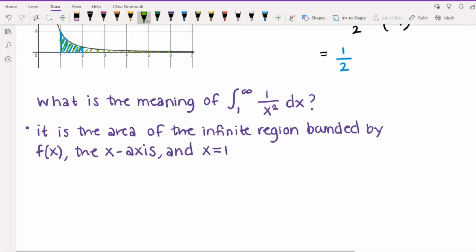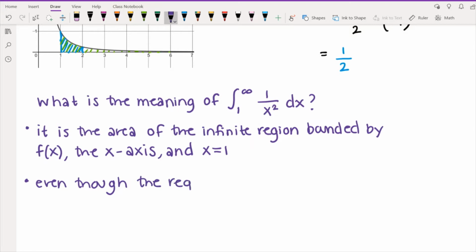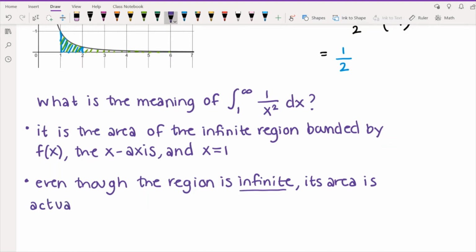So one thing that is really interesting about this region is that even though the region itself is infinite, right? Because it doesn't have any right endpoint. It just keeps going on to the right. Its area is actually finite.